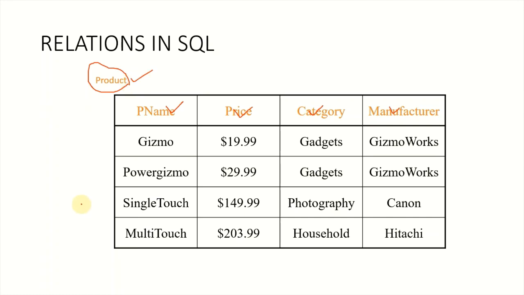Then the third thing in this model is called a tuple. Each row in a relation is called a tuple. So here we have a row, this row is a tuple. A tuple is a single record about a particular instance of a particular relation.